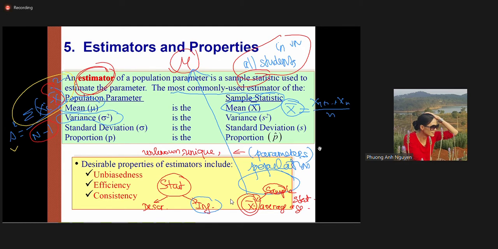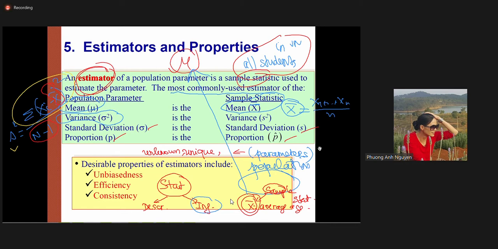The standard deviation, sigma, has as its estimator simply the standard deviation calculated from the sample variance, which we denote by s. Proportion we don't use in this class, but in statistics you probably remember it is p hat, the sample proportion.